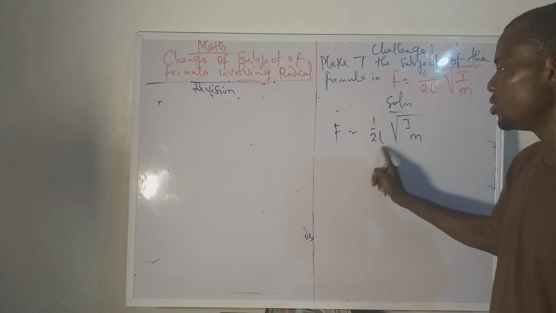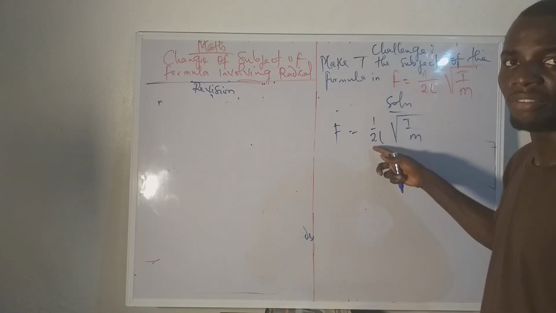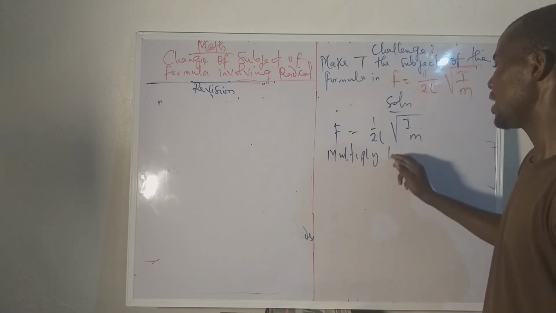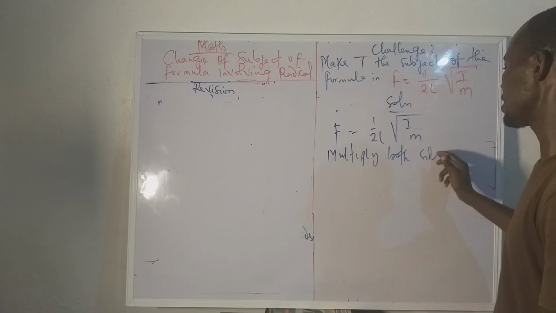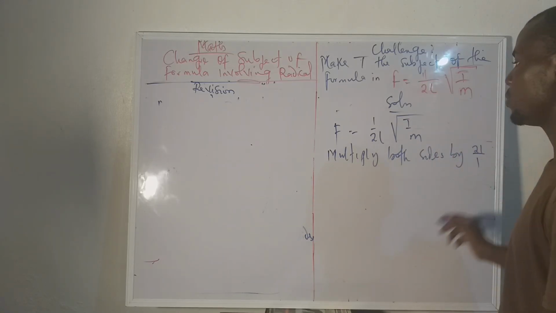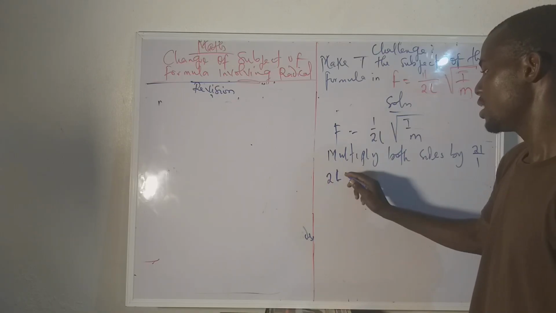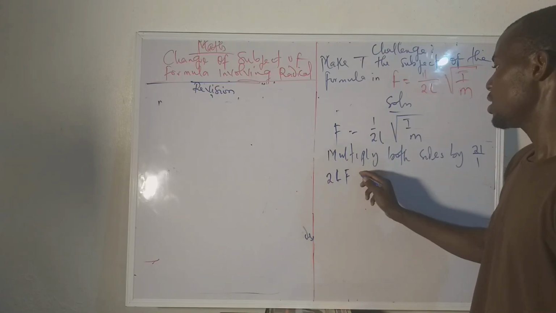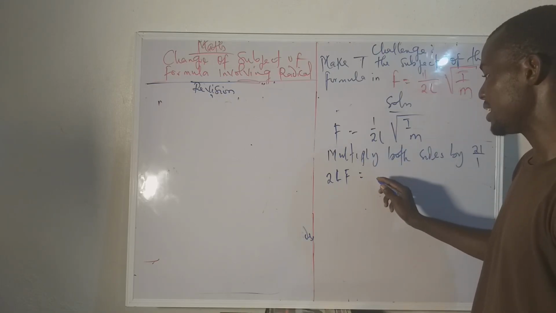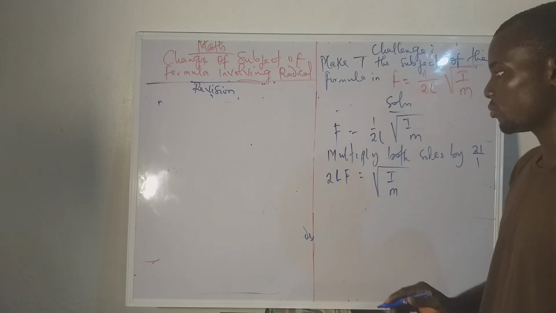The first thing to do is, how do you deal with this one? Multiply both sides. That's the reverse. So I'm going to say multiply both sides by 2L over 1, and that becomes 2Lf equals, it will clear from the right hand side, and so what we have left here is the square root of t over n.